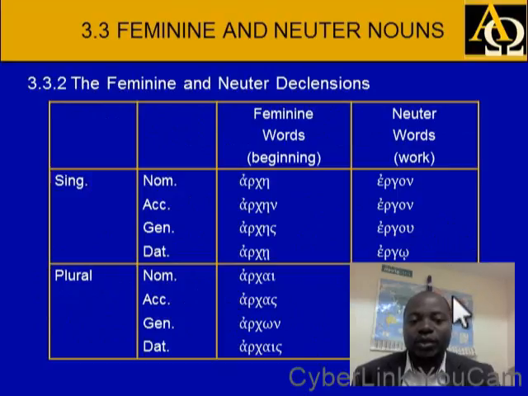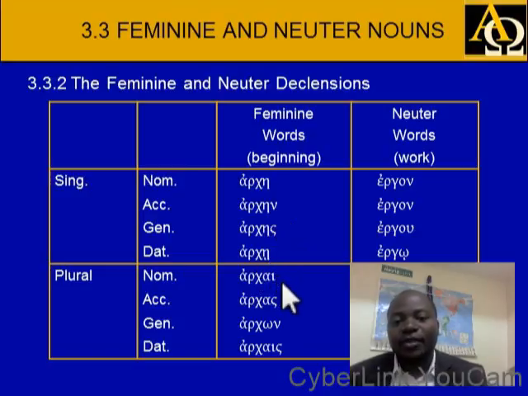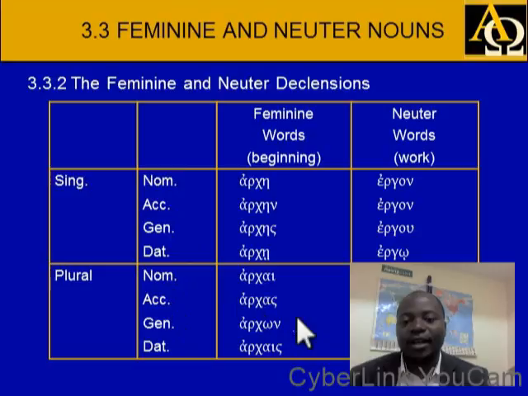So we have here arche, archen, arches, arche, archai, archas, archon, archais. So this is the nominative, accusative, genitive, dative, and then the plural, archai, archas, archon, archais. And then we have ergon. Ergon, ergon, ergu, ergo. And then we have erga, erga, ergon, ergois.